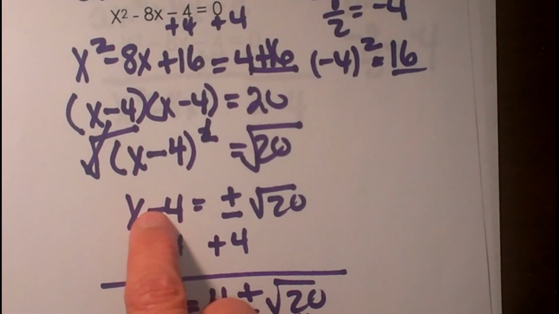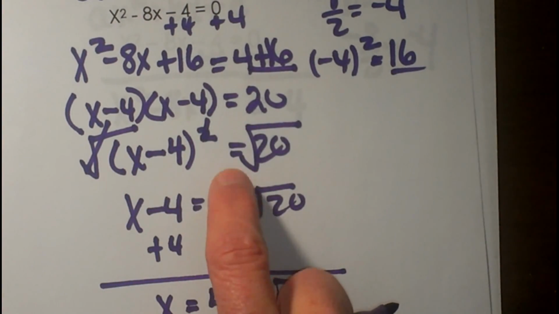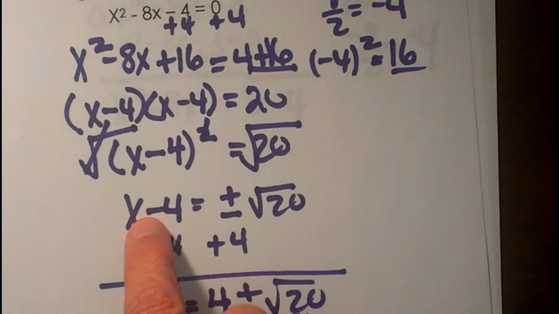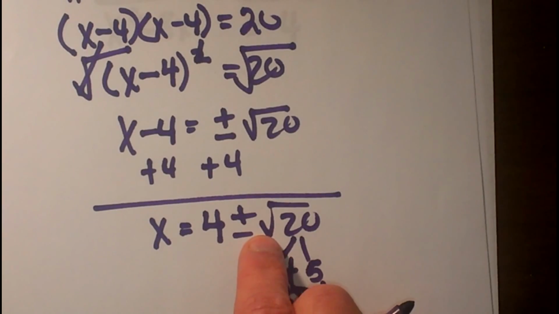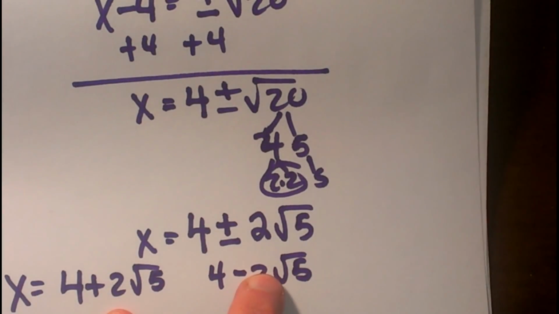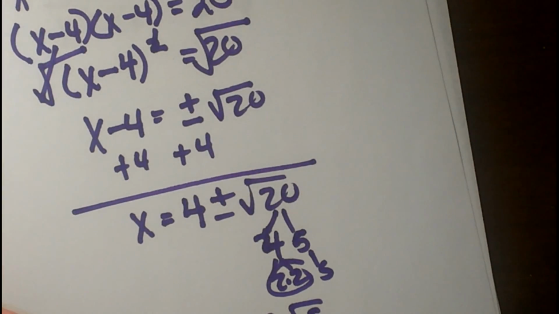Once you take the square root of this side, you're just left with x minus 4. And then we account for both solutions, positive and negative, square root of 20. Then we get the x by itself by adding 4. And then we just write our answer and simplify our radical. And there are two solutions. And that's how you complete the square using our jingle.